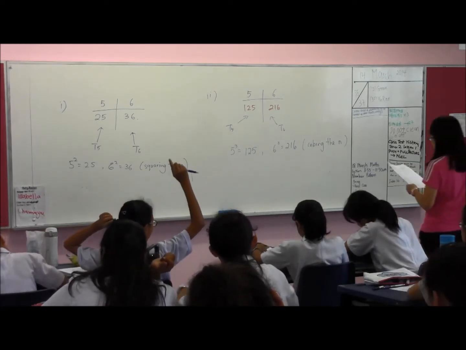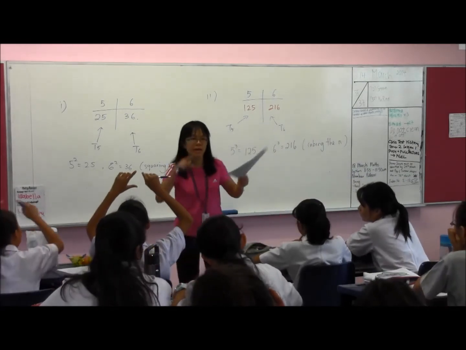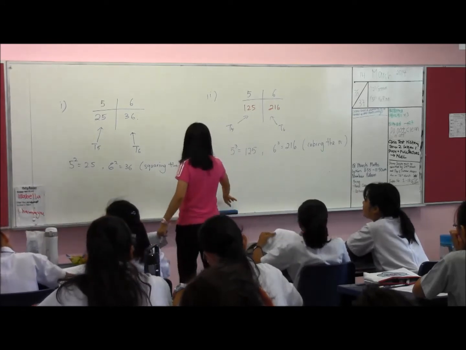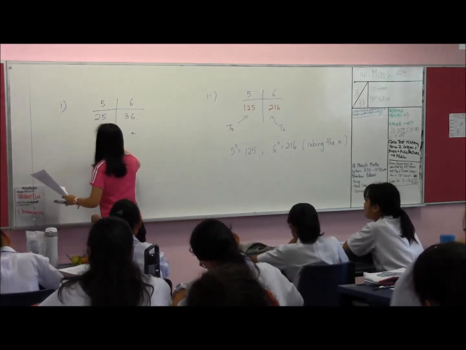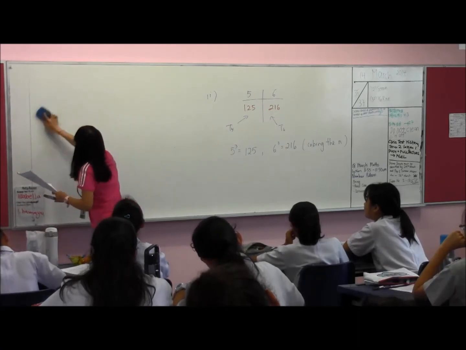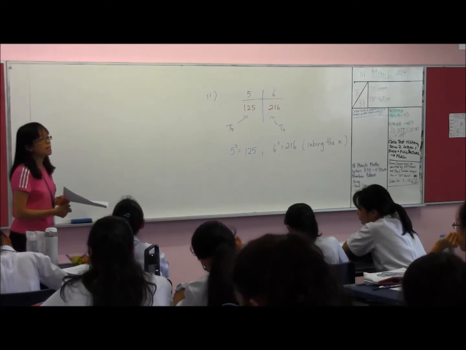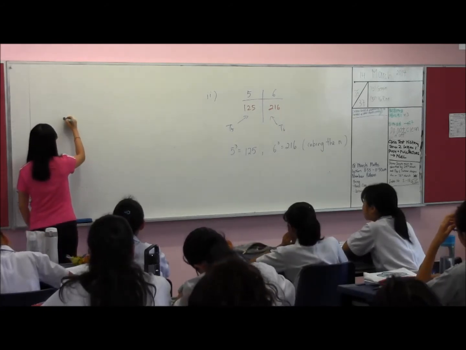Triangular number. Anybody want to tell me what is a triangular number? Like that one, like a triangle. Of course, that's why it's called triangular number. Actually, all these are patterns, so for a triangular number I can use drawing to represent. It will be something like that first.